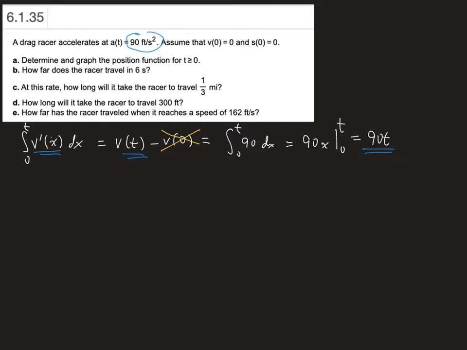Part A of this question, though, is asking us what is the position function, and we can play exactly the same game. So the position at t minus the position at 0 is what the fundamental theorem of calculus tells us is going to happen when we integrate the derivative of position.